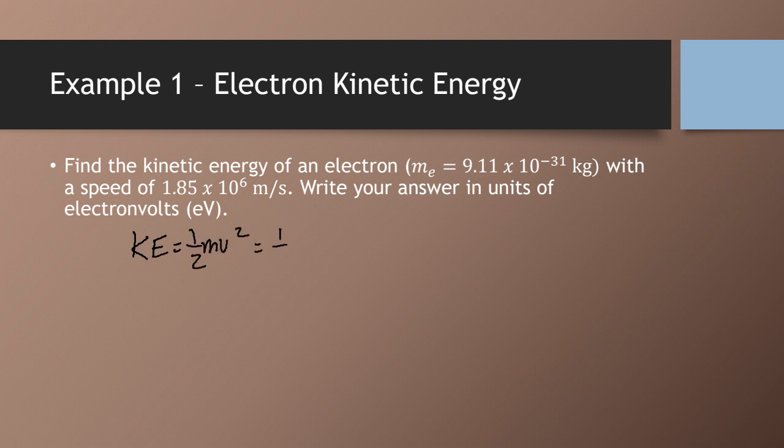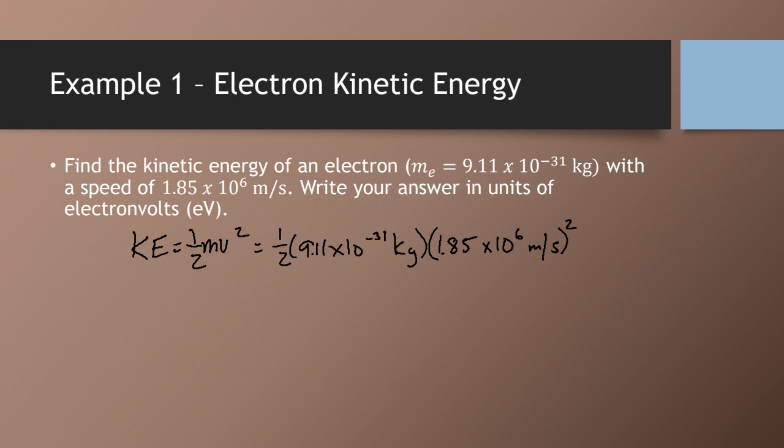The mass of an electron is 9.11 times 10 to the minus 31 kilograms. The velocity is 1.85 times 10 to the 6th meters per second, squared.